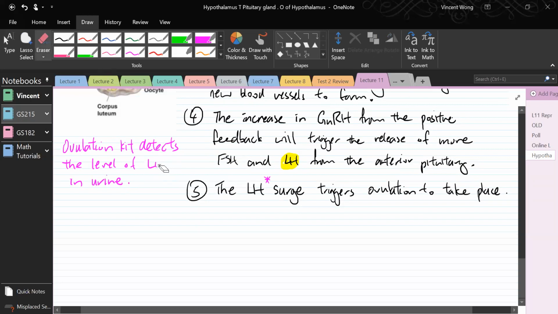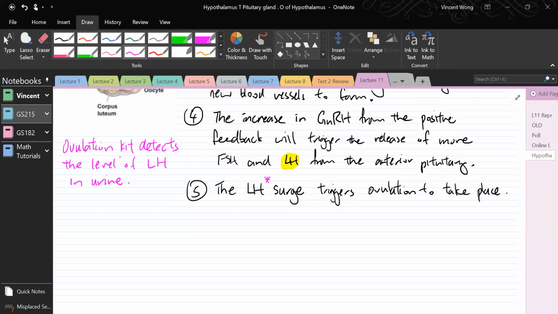I don't know if anybody has used an ovulation kit before, but basically how it works is you pee on the stick, and it uses antibodies to detect the levels of LH. So every day you would do this, and the test kit will compare today's level with the previous day.